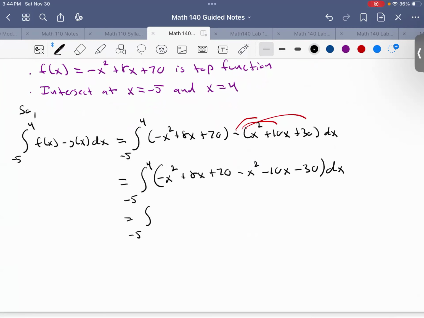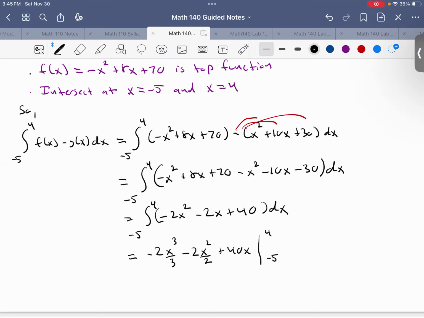What we end up with is negative 2x squared minus 2x plus 40 dx. Now let's integrate. We get negative 2x cubed over 3 minus 2x squared over 2 plus 40x going from -5 to 4.